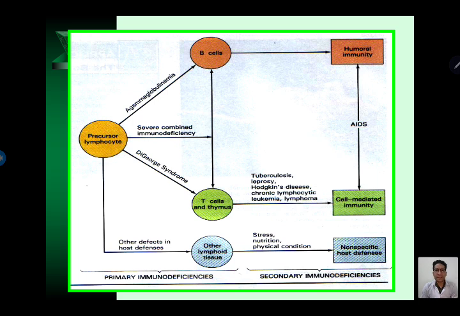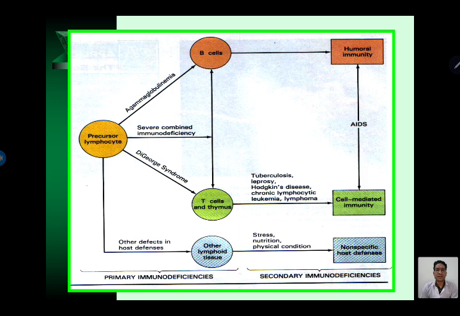You can see in the picture the precursor lymphocytes in DiGeorge syndrome, severe combined immunodeficiency, agammaglobulinemia, which also involve B and T cells, which mature in the thymus. So tuberculosis, leprosy, Hodgkin's disease, chronic lymphocytic leukemia, lymphoma, cell-mediated immunity, humoral immunity.